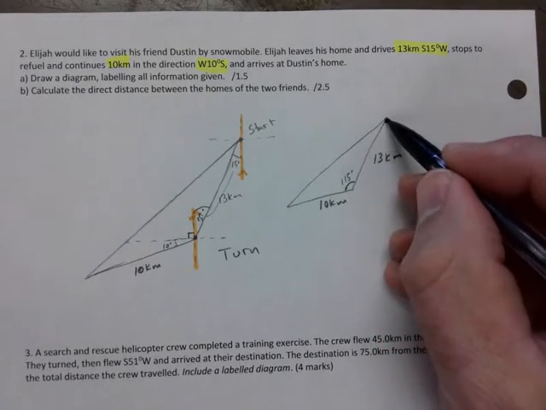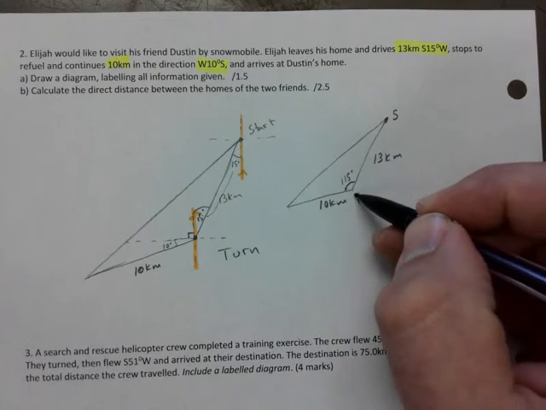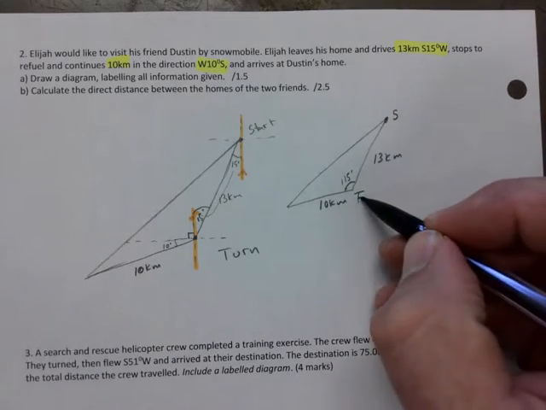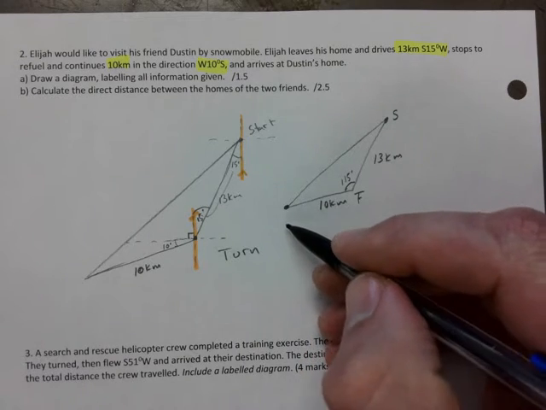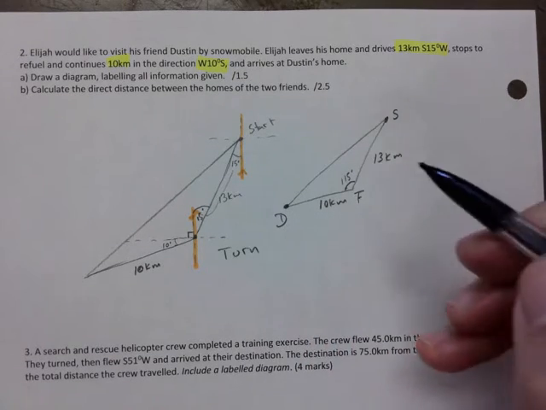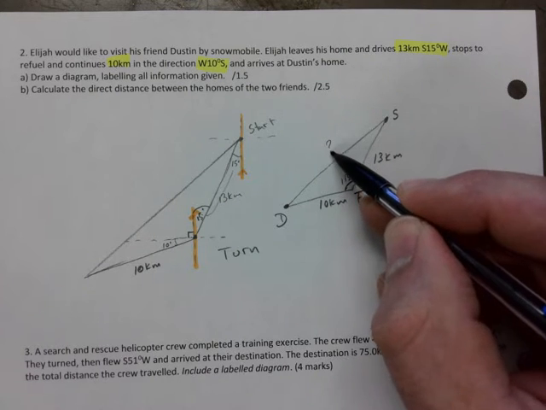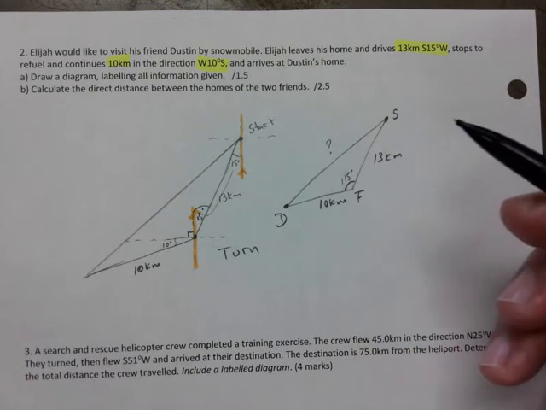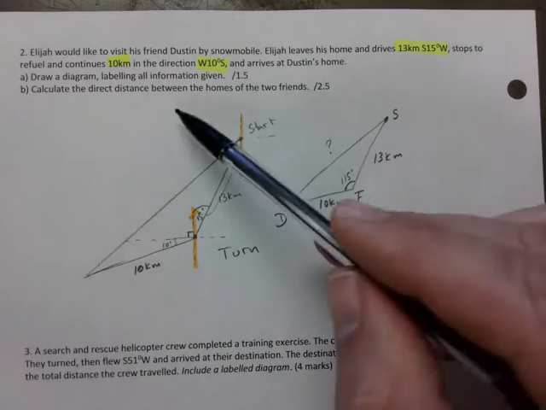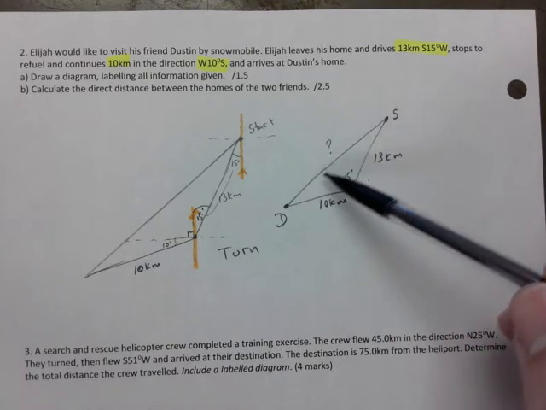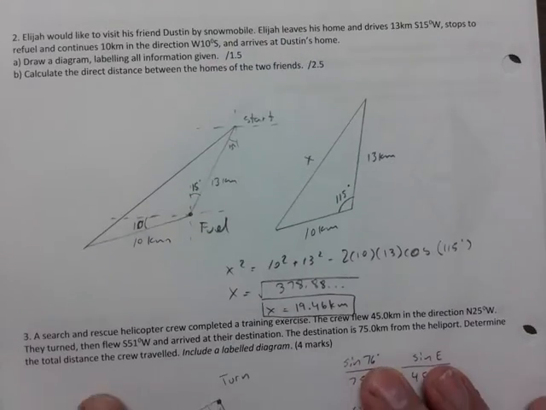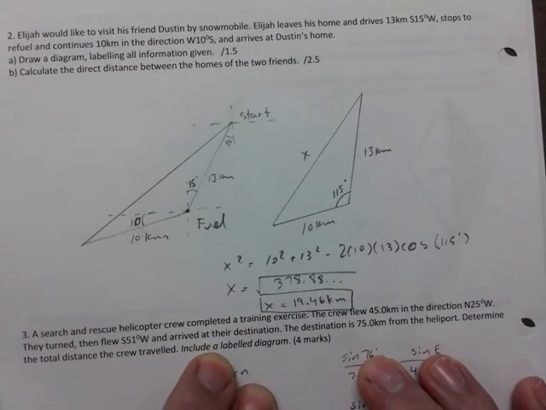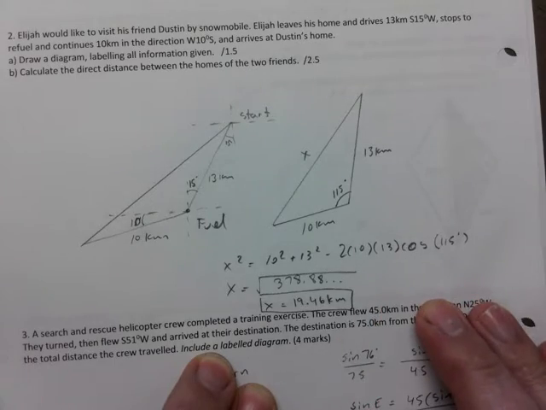And so this is the start, this is the turn or the fueling, we can call it fueling, and this is Dustin's home, let's say. So really what you're finding is this side, the distance between the two friends, right? So that'd be cosine law, and I will show you what that should give you if you work that out. In that part, you should be able to handle that.